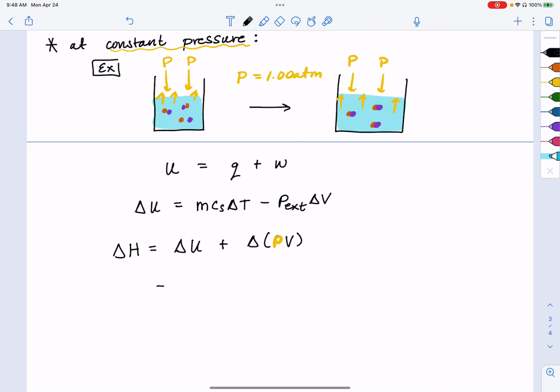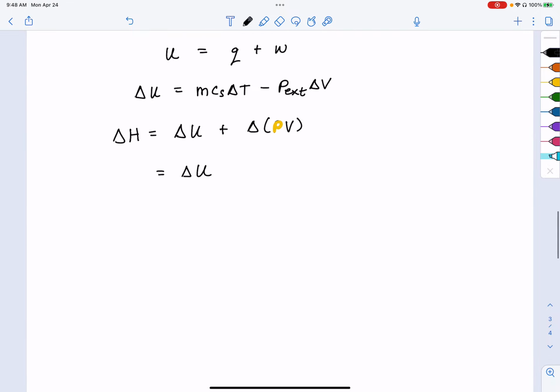So if I were to expand this out, I would get that the change in enthalpy is equal to the change in my total internal energy plus my constant pressure times my change in volume.